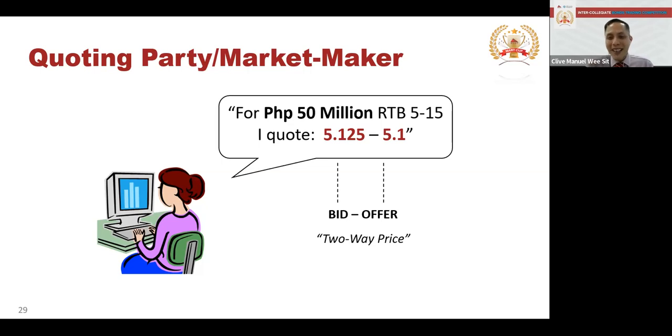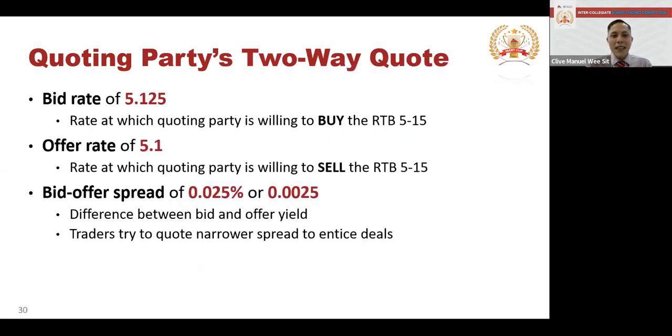Now, as a quoting party, there's an interpretation of what this 5.125 bid and 5.1 offer actually means. As the quoting party, I am showing a bid of 5.125%. I am expressing my willingness to buy the RTB 5-15, 50 million at a rate of 5.125%.